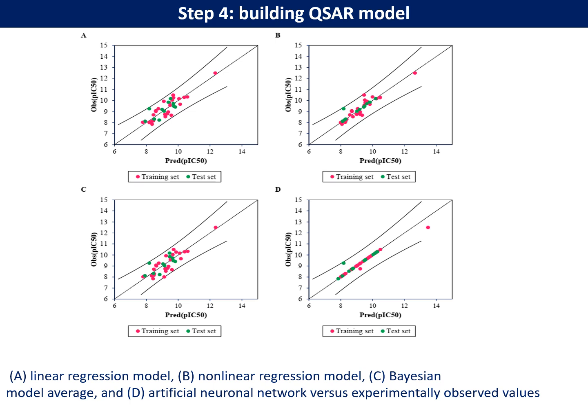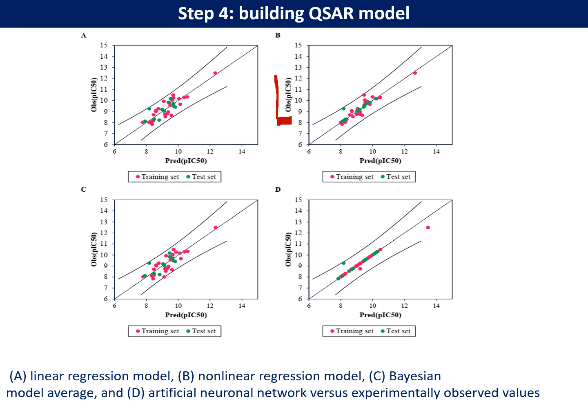This is the graph where I compare the predicted pIC50 and the observed IC50, the original data from the lab. You can see here most of the models predict so well, right?